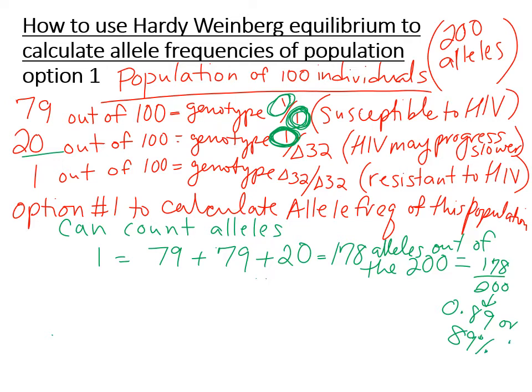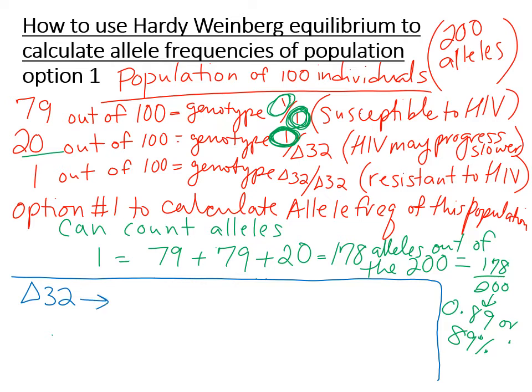The second allele that we have is delta 32. Where do you see delta 32? That first spot is 20 individuals, so there's 20 delta 32 alleles there.